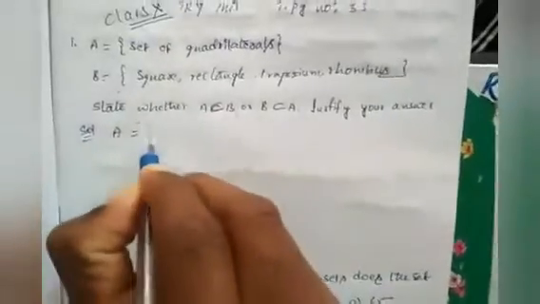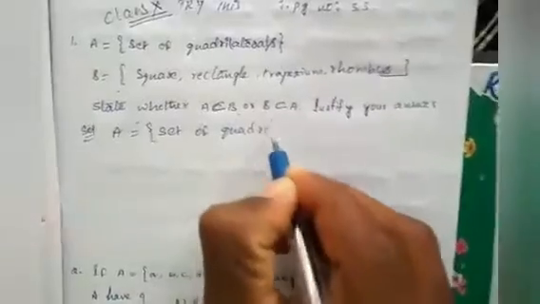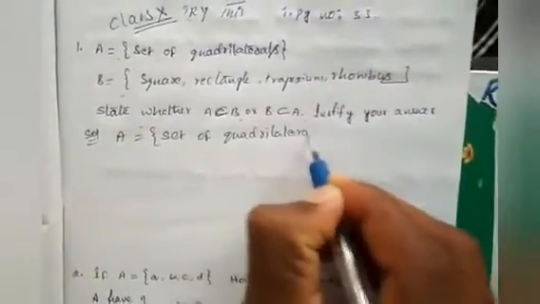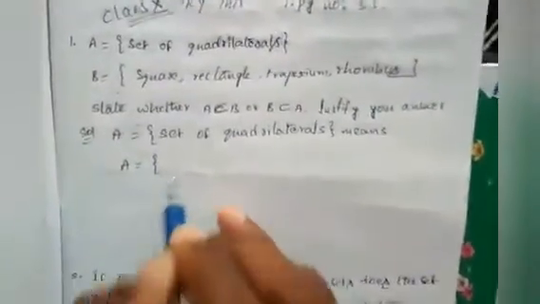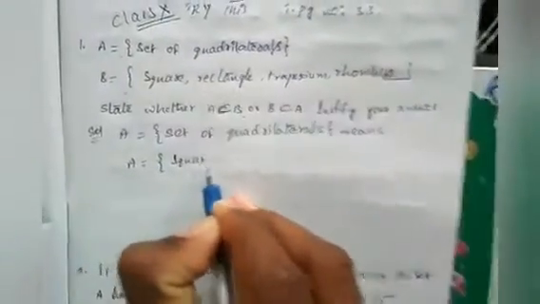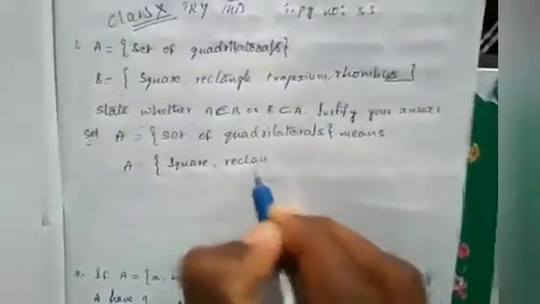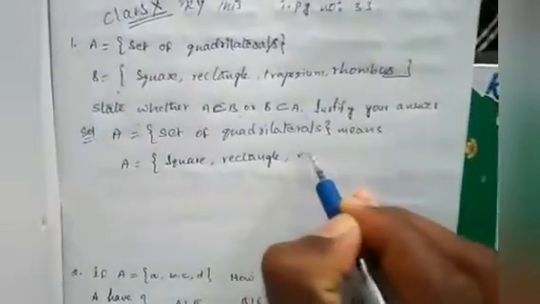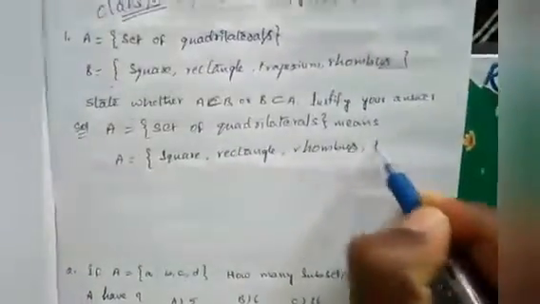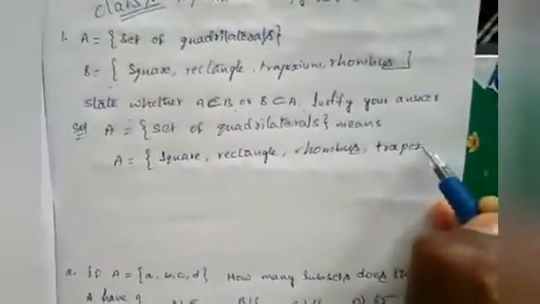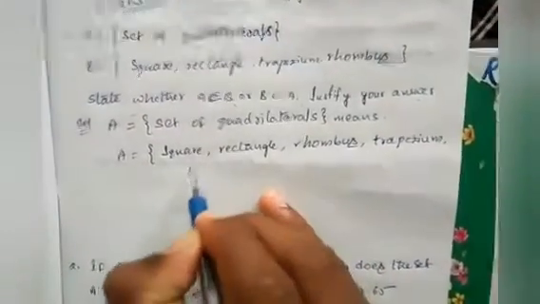Set A is equal to the set of quadrilaterals. Set of quadrilaterals means A is equal to the set of square, rectangle, rhombus, trapezium, parallelogram.